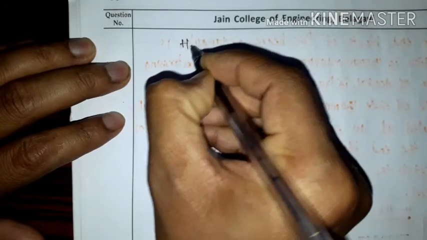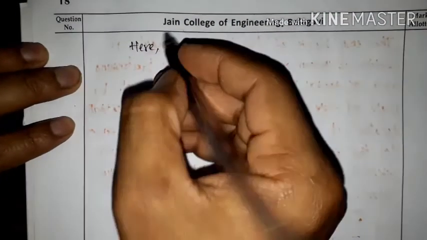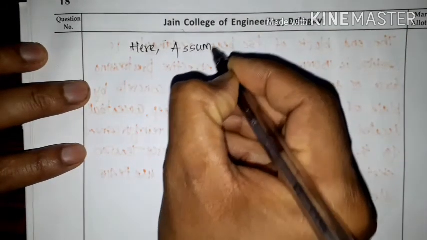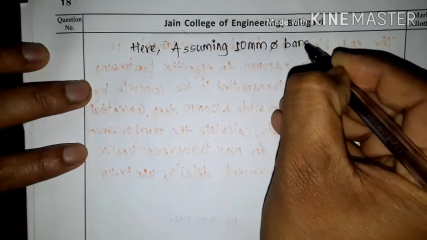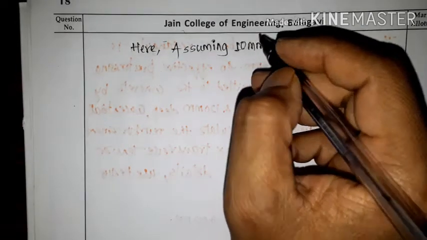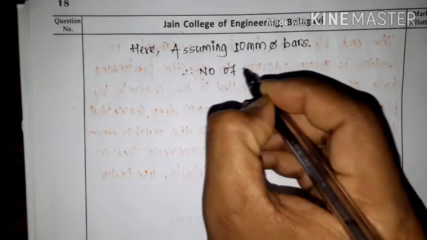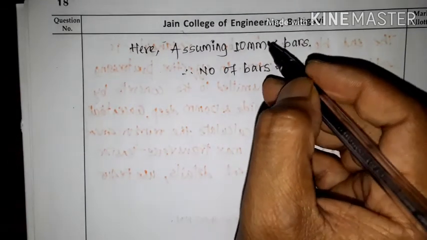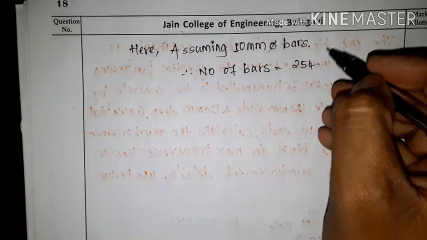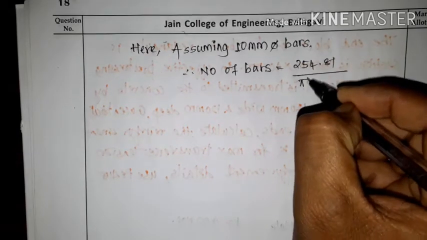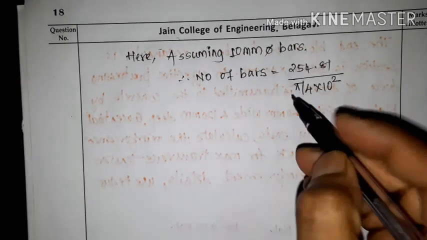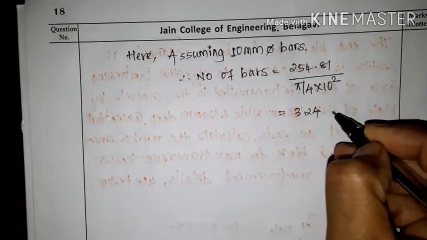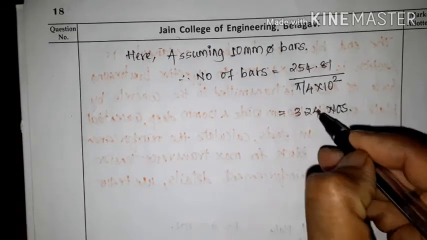Assuming 10 dia bars, the number of bars is equal to 254.81 divided by pi by 4 into 10 square. We get it as 3.24 numbers.